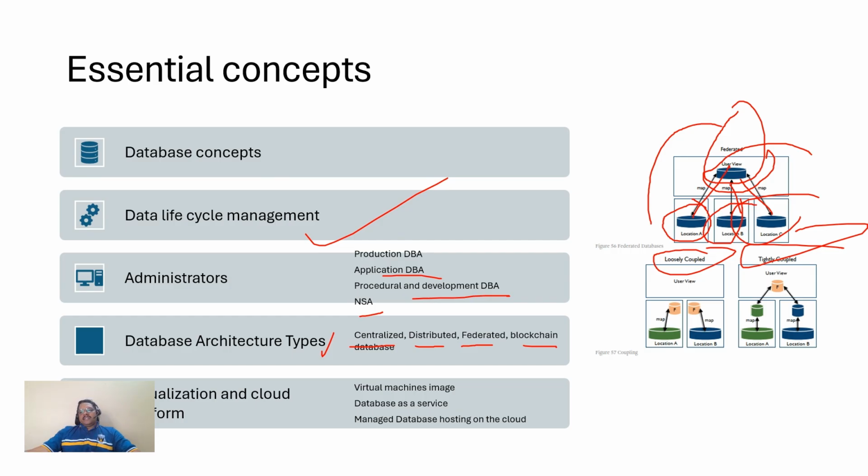Okay, so in the modern environment, we also leverage virtualization and cloud platforms such as virtual machines, database as a service, and managed database hosting on cloud. So coming to virtual machines, they are running databases on virtual infrastructure for flexibility and scalability.